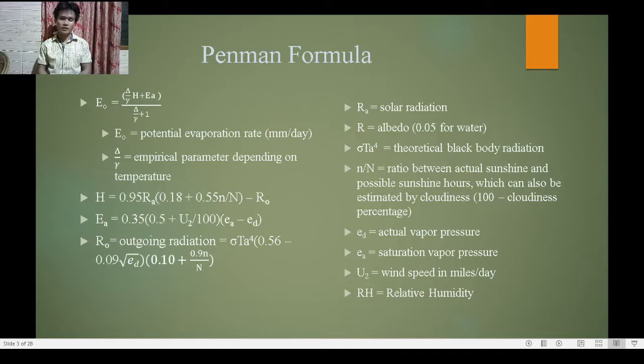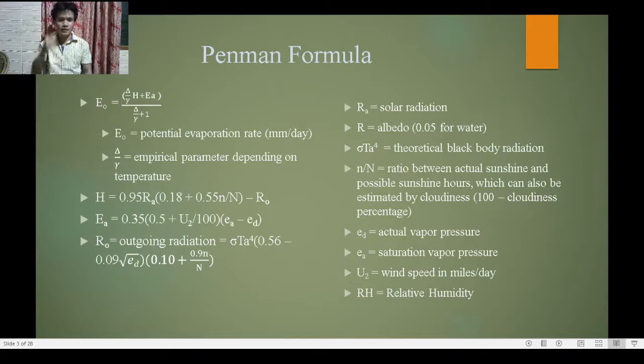So R sub O, which is also the outgoing radiation, is expressed in the equation sigma multiplied by T sub A raised to 4 multiplied by the quantity 0.56 minus 0.09 multiplied by the square root of E sub D, multiplied again by the quantity 0.10 plus 0.9 lowercase n over uppercase N, where E sub D is the actual vapor pressure, E sub A is the saturation vapor pressure, and U sub 2 is the wind speed in miles per day, and RH is the relative humidity.